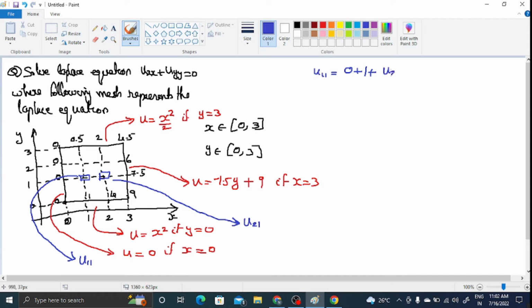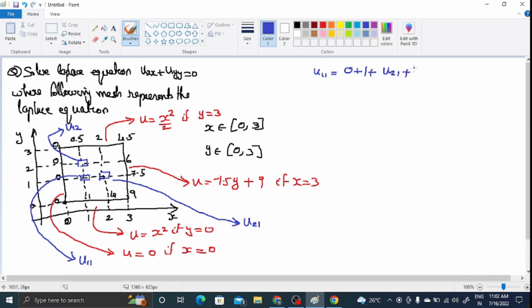So we can write it as u21 plus the top point of u11. What is this particular point? What is the x index? How can we represent this point? u12, yes, because x index is 1, y index is 2.